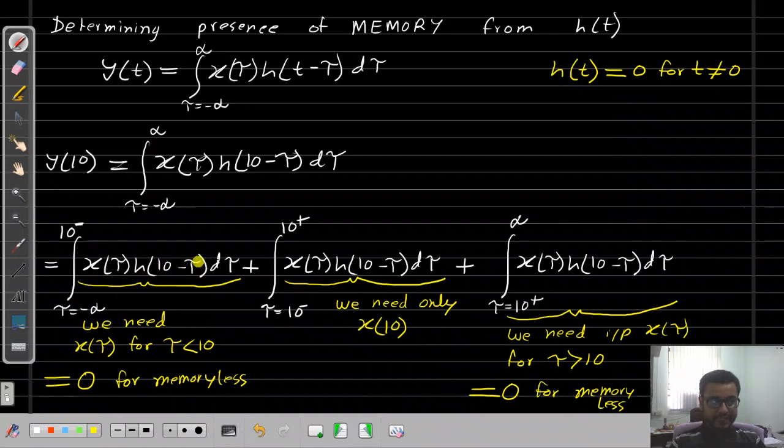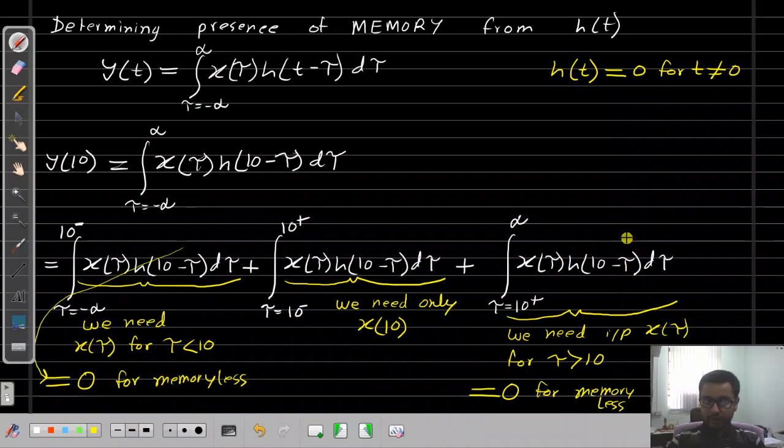So this integration will result in 0. Similarly, here the range of integration is greater than 10 to infinity, so inside the bracket we will have some negative, non-zero number.